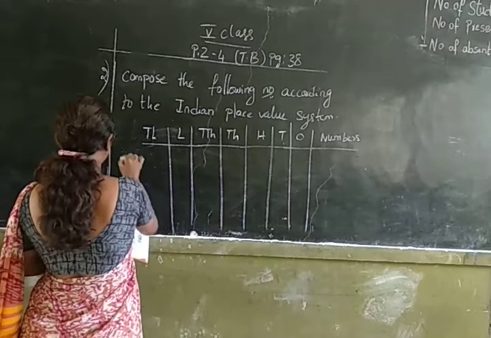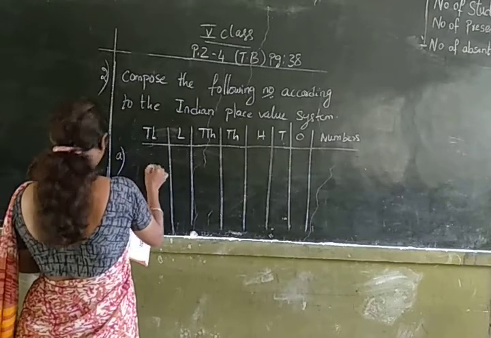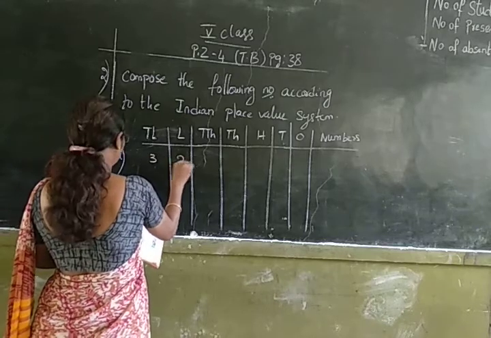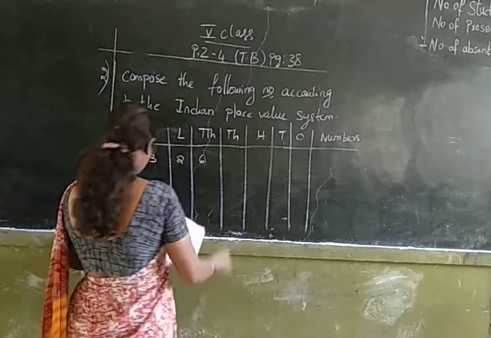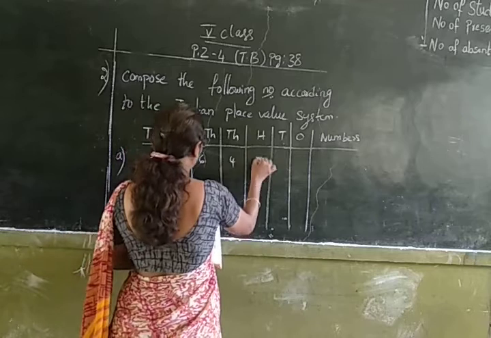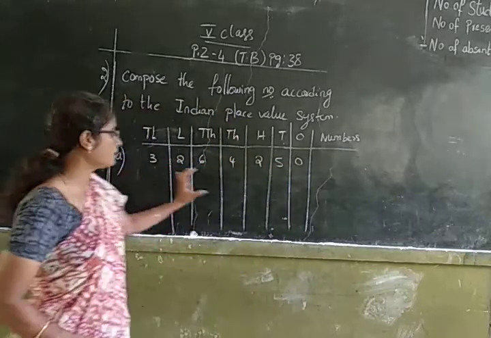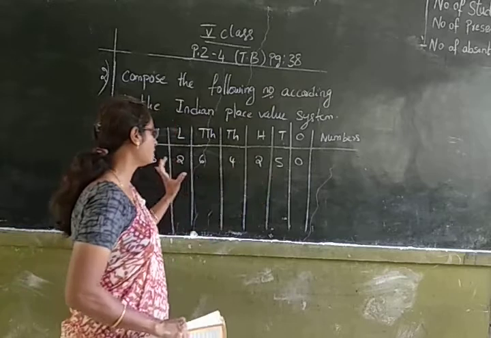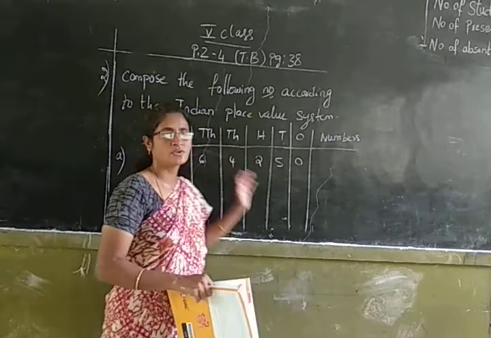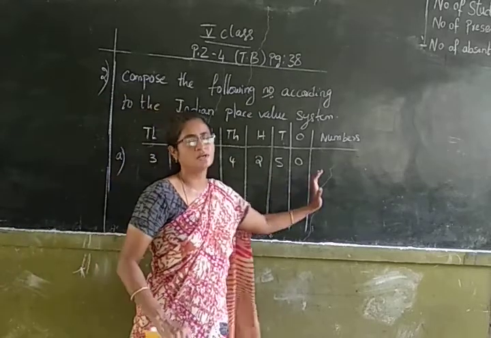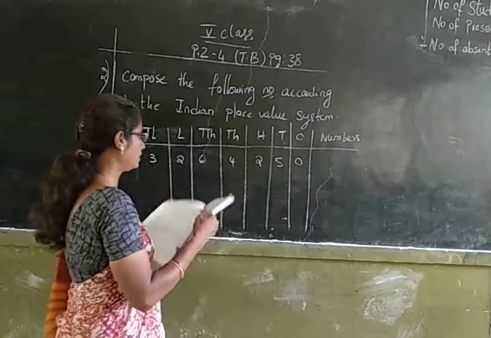Okay, first one. 3, 2, 6, 4, 2, 5, 0. Now we have to compose this number according to the places. Compose means we have to put together this number by its places. Okay.